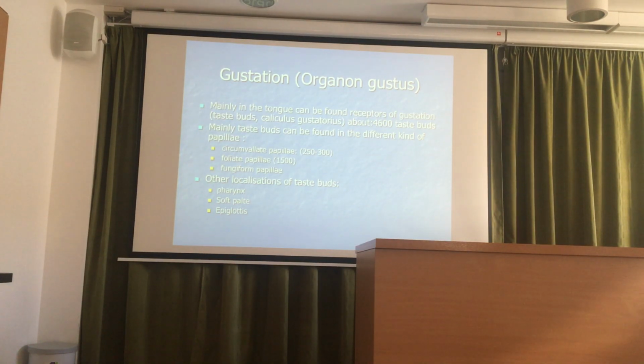We can find them mainly in the papillae. The circumvallate papillae have around 300, the foliate papillae you can find 1,500, and also some of them can be found in the fungiform papillae. Other localizations of the taste buds are important, so write it down, because it can be a test question. You can also find these tasting receptors in the pharynx, soft palate, and epiglottis.